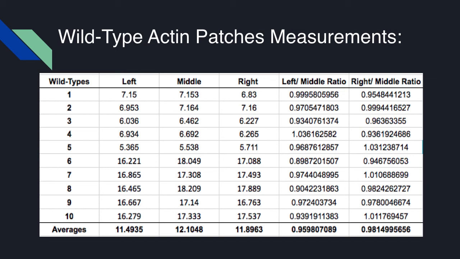The wild type had a smaller difference between the average left to middle ratio and the average right to middle ratio. This difference only came to about 0.02 micrometers.